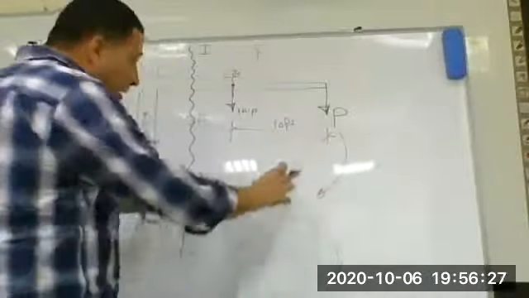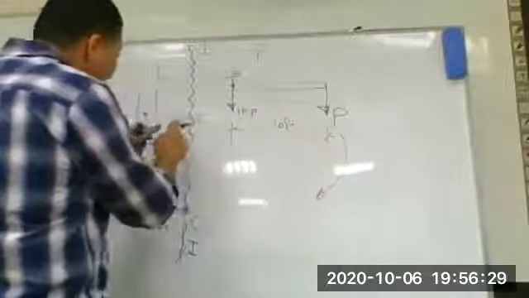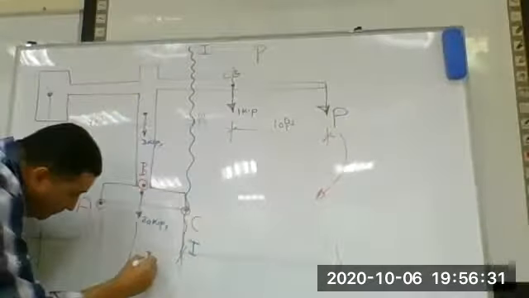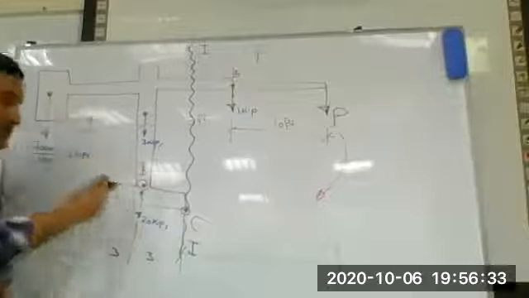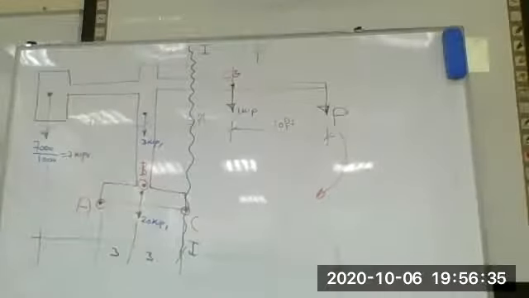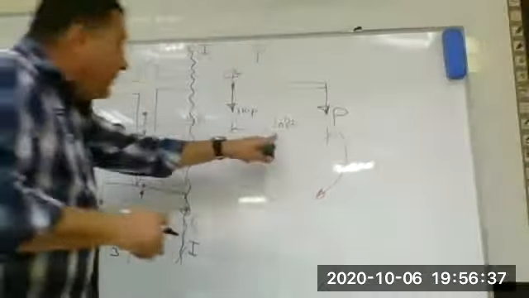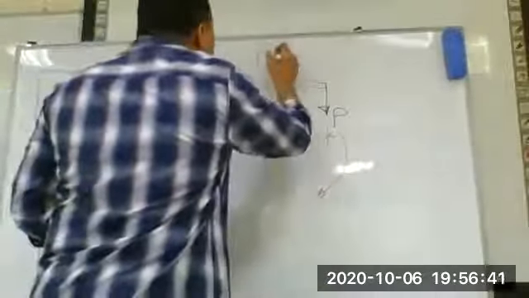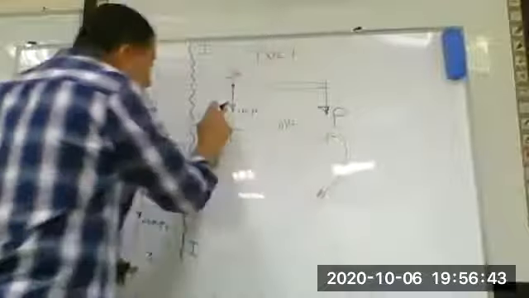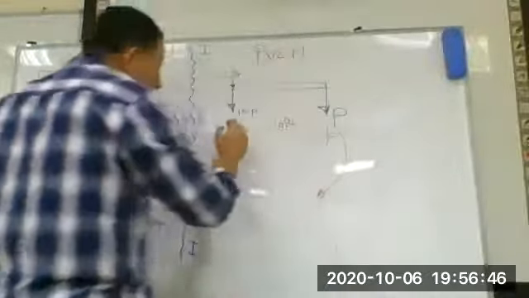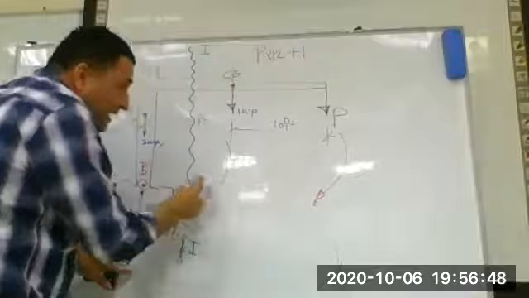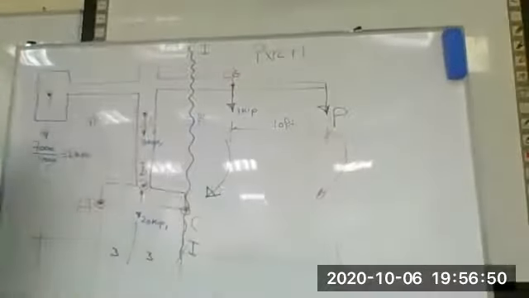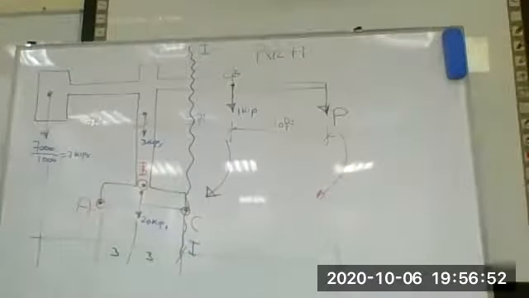Multiply 15 plus 5 minus 3, because this distance is 6, multiply 6. You add 10 plus 5 minus 3, which is equal to 12. Plus 1, plus 1. These forces make moment here, in this direction.